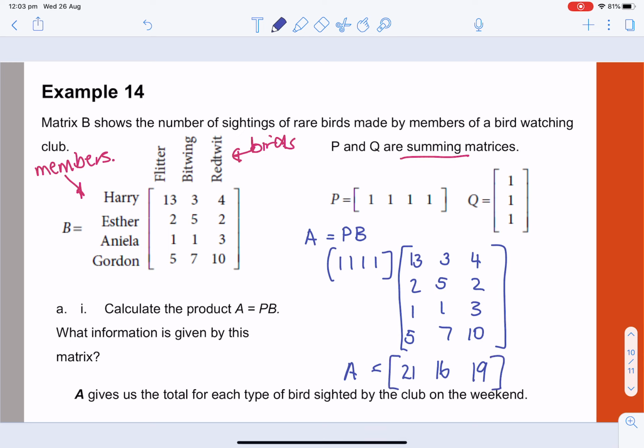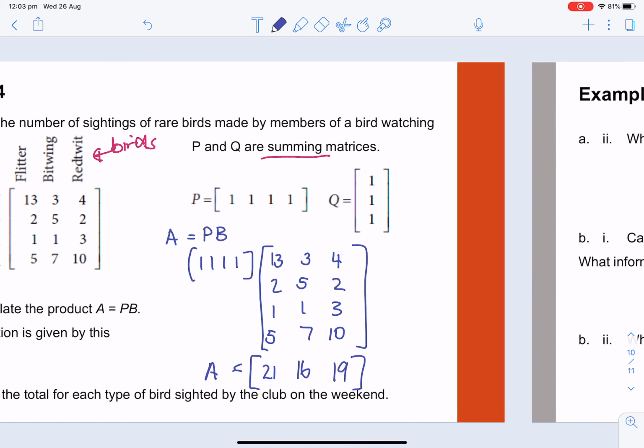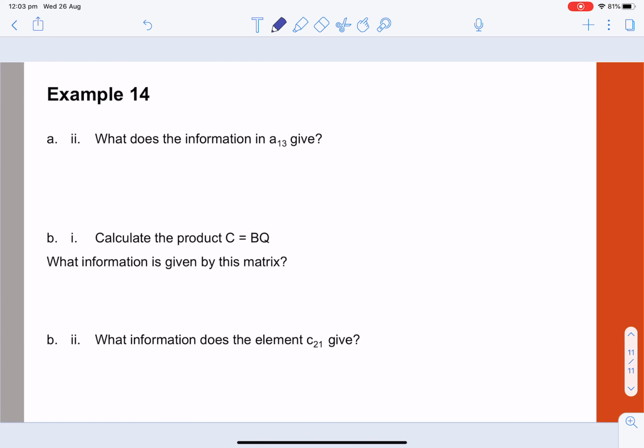Now, what does A give us? A gives us the total of each type of bird sighted by the club on the weekend. So that 21 represents how many flitters were sighted, the 16 represents how many bitwings, and the 19 represents how many red twits. So what does the information in A13 give us? So let's jot down A again, 21, 16, and 19.